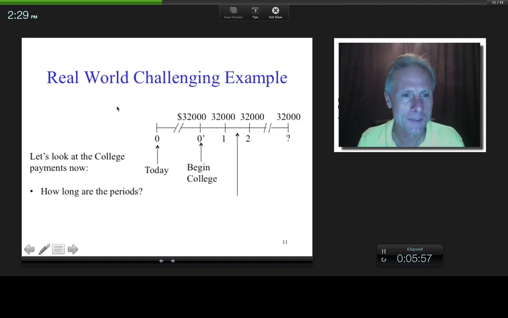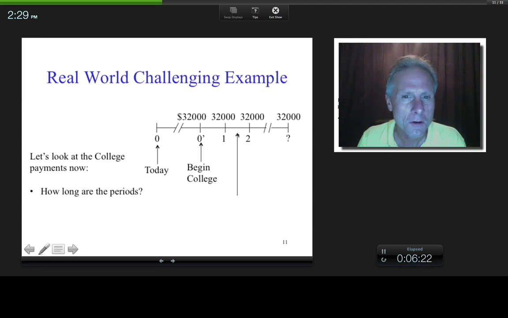Now what about the payments? Okay, so if this is today, and if 0 prime is when Sarah starts college, so 192 months from today, then we've assumed, Jane has asked me to assume, let's assume $32,000 payable in advance every 6 months.